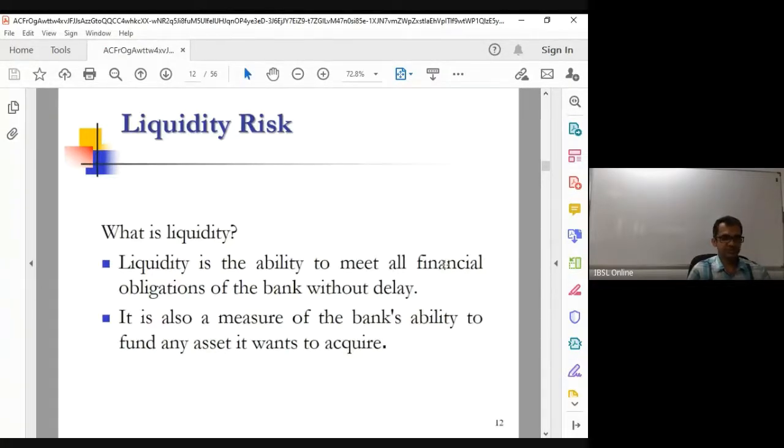Not only that, you may have granted loans. Once you grant the loan, when your borrower comes and asks for money, the bank should be able to give it. You have granted the loan, approved the loan, and informed the customer that, okay, your loan is approved, now you can take it, and you may credit those funds to your customer's account in some way.